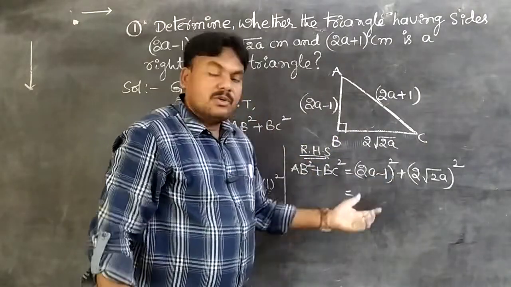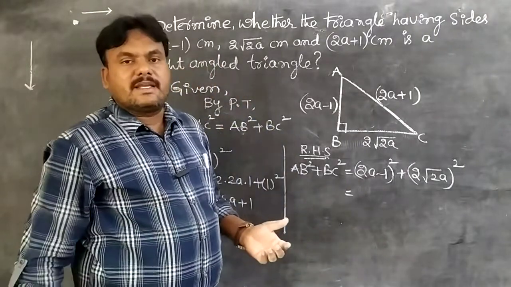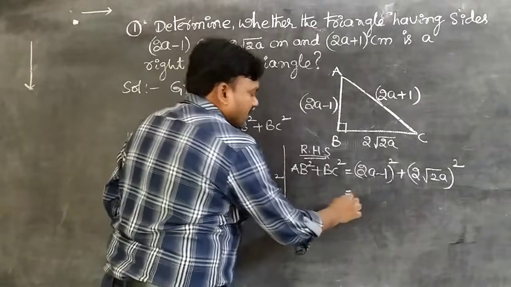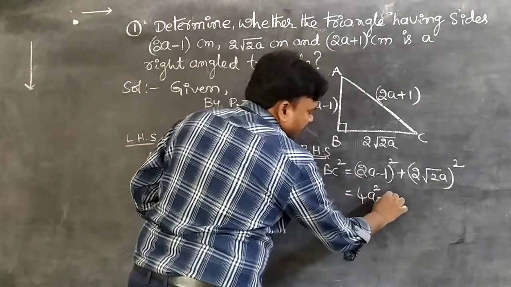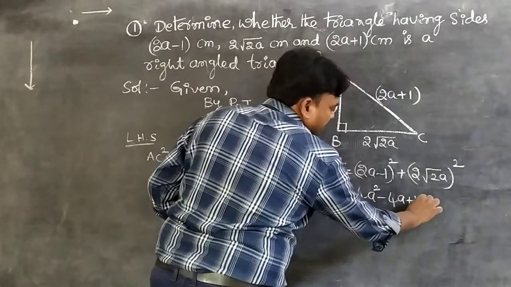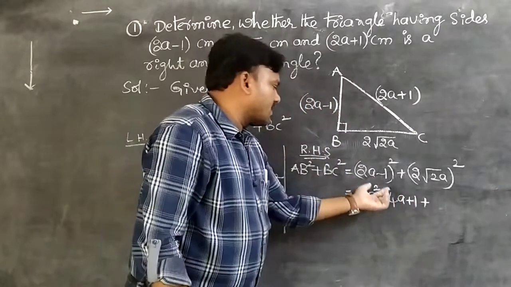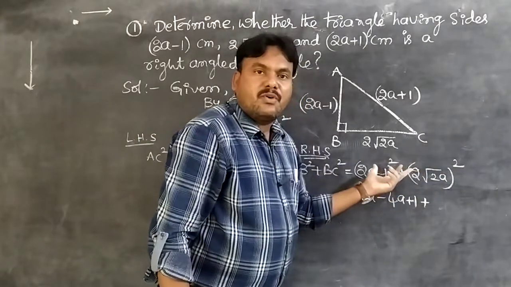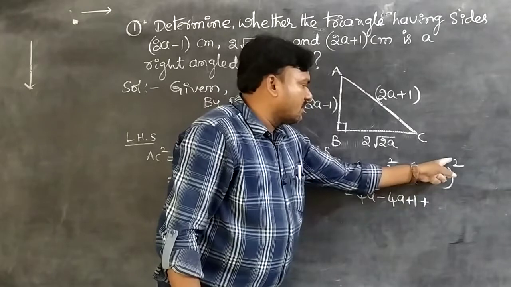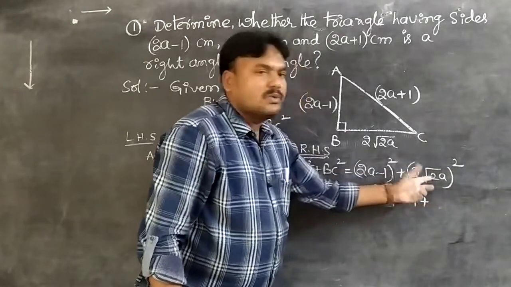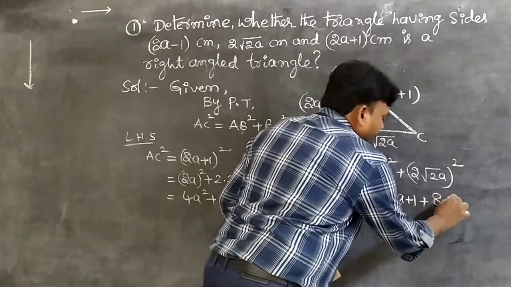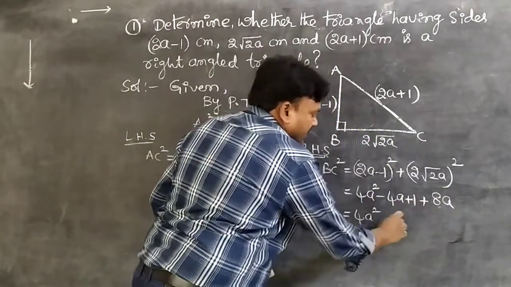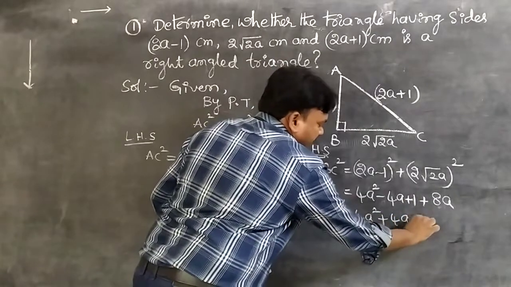We know the a minus b whole square formula: a square minus 2ab plus b square. I write directly: 4a square minus 4a plus 1, plus the value of 2 into root 2a whole square. Observe, 2 square is 4, and root 2a whole square, the root and square get cancelled, giving 2a. So 4 into 2a is 8a. So 4a square minus 4a plus 8a is 4a square plus 4a plus 1.